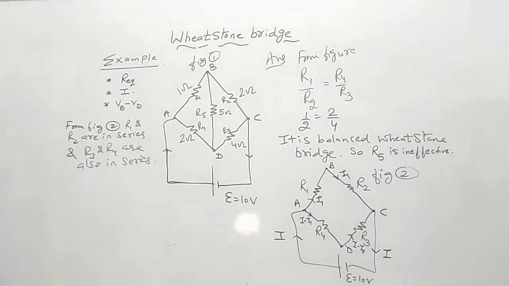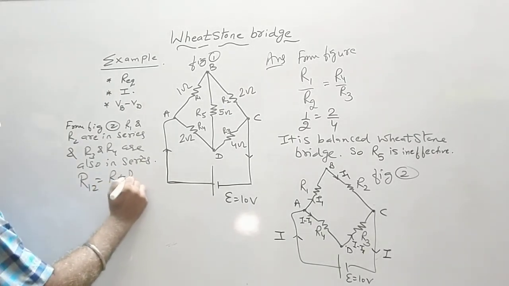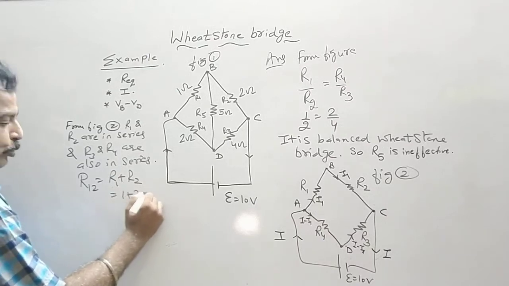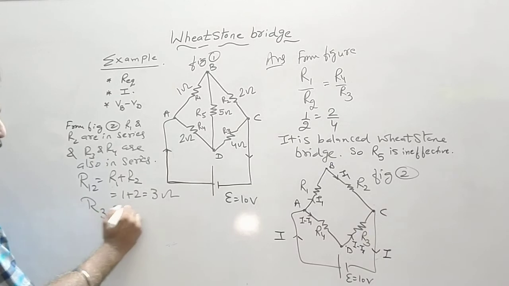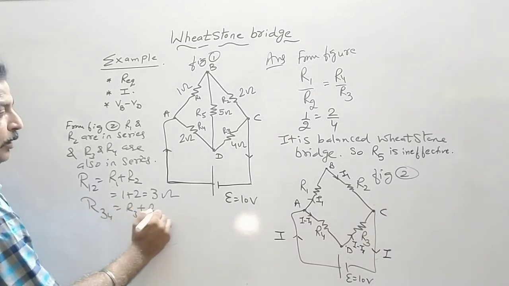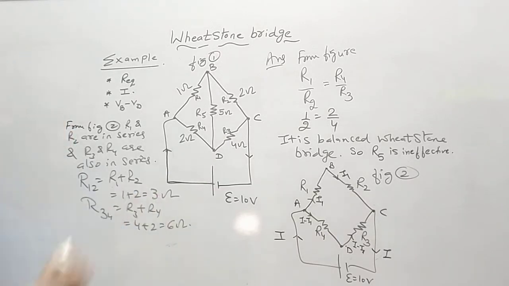In series combination we write R12 is equal to R1 plus R2, that is 1 plus 2 is equal to 3 ohms. R34 is equal to R3 plus R4, that is 4 plus 2, equal to 6 ohms. So these are R12 and R34.